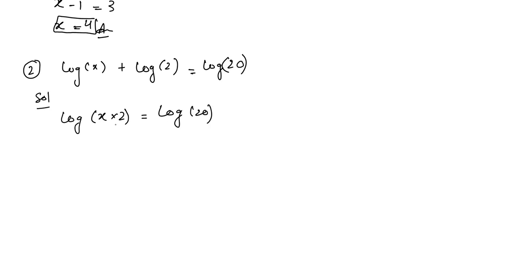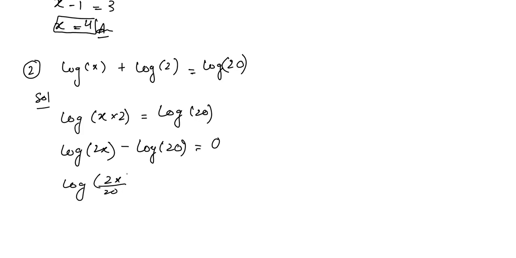It will be 2x and it will be equal to log 20, so we can write it as log 2x, and we can shift this one over here, so it will be log 20, and here we will have 0. So yeah, we can say that log 2x divided by 20 is equal to 0.